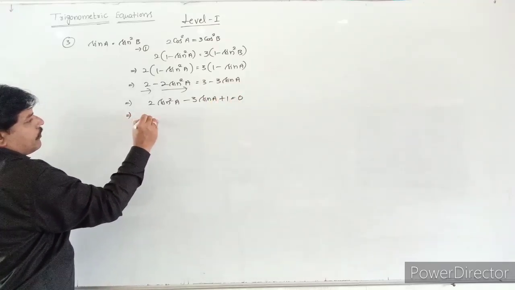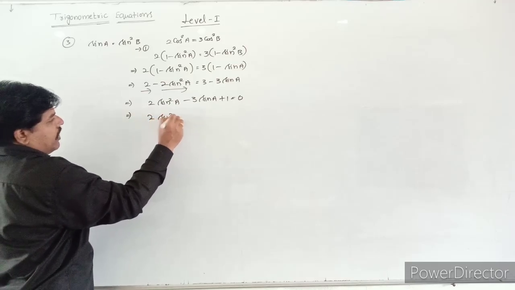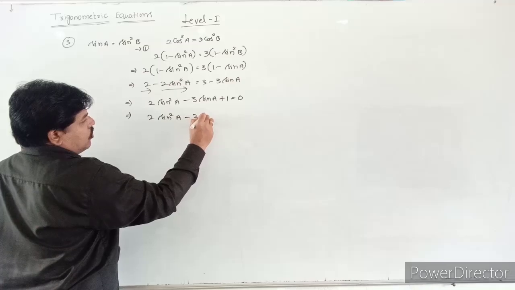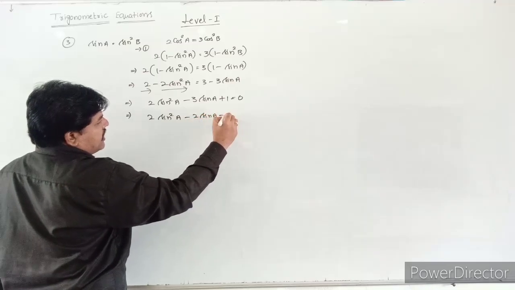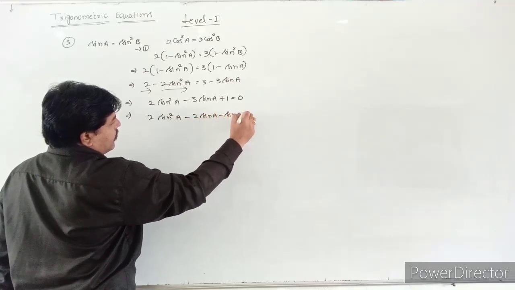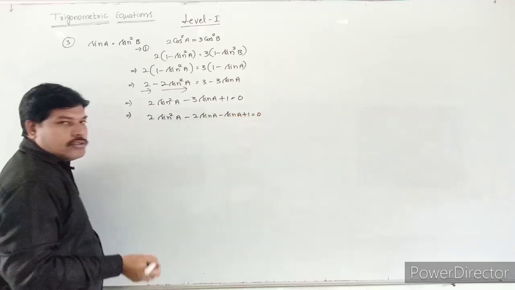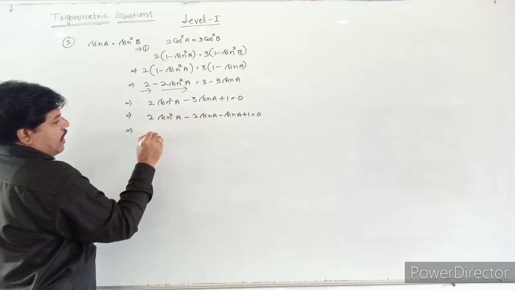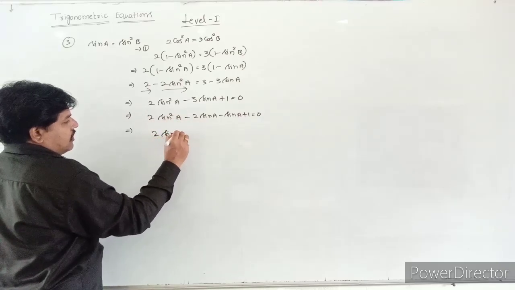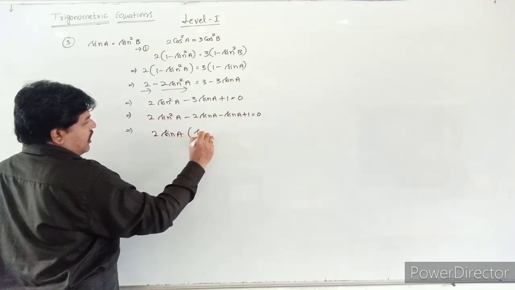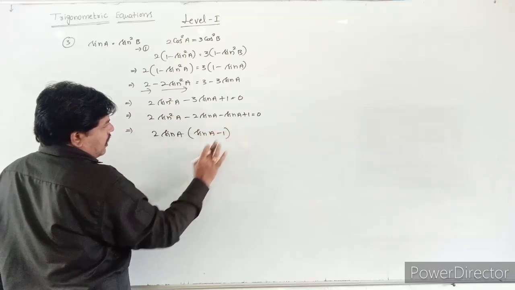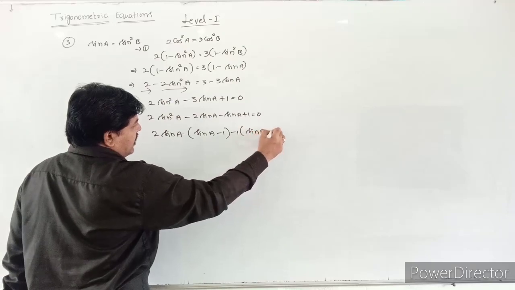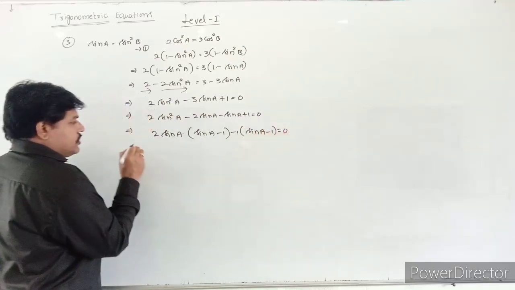So take the factor, students. 2 sin square A minus 3 sin A plus 1 can be written as 2 sin A minus 1 and sin A minus 1. I will take 2 sin A common, so it becomes sin A minus 1, and take minus 1 common, it also becomes sin A minus 1, is equal to 0.